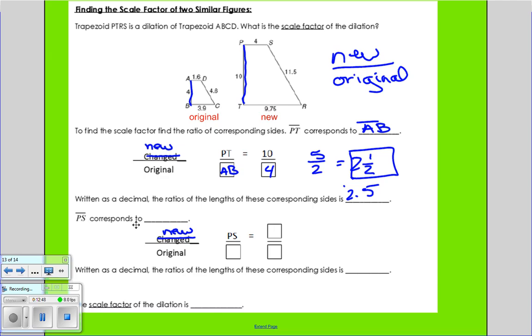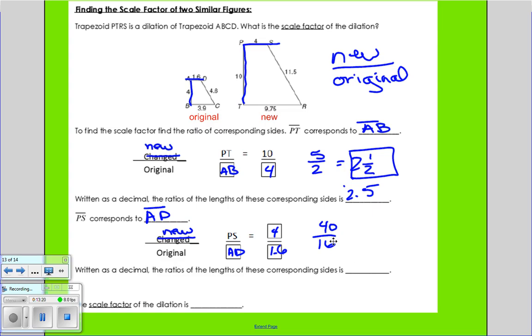Now down here, PS corresponds to AD right here. So PS is worth 4 and AD is worth 1.6. Okay, so when we reduce this, it'd be 4 divided by 1.6. Actually, what I'm going to do is move it out to 40 over 16. So I just move my decimals one time to the right to get rid of that decimal.